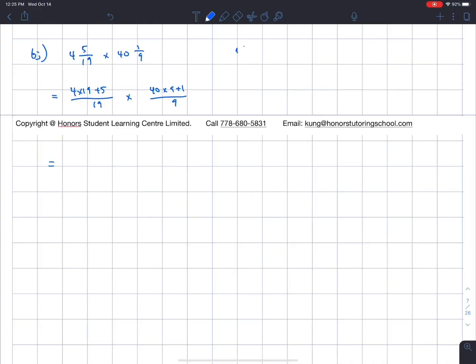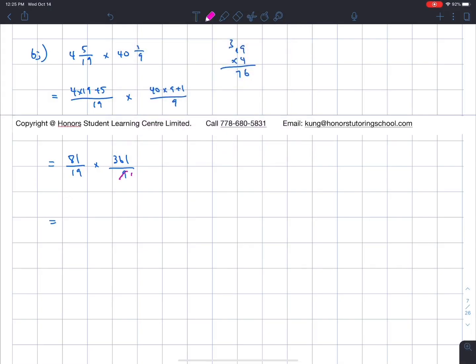So we have 19 times 4. 9 times 4 is 36. 4 times 1 is 4 plus 3 is 7. And then 76 plus 5 will give us 81. So 81 over 19 times 40 times 9 is 360, plus 1 is 361 over 9.